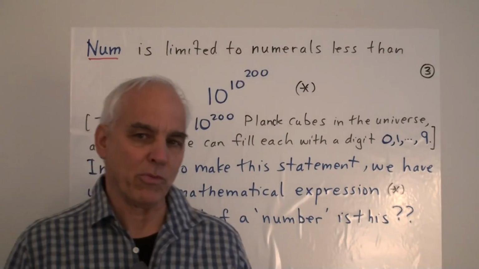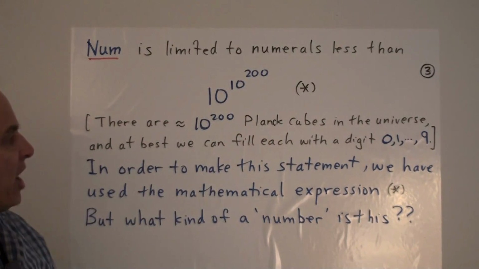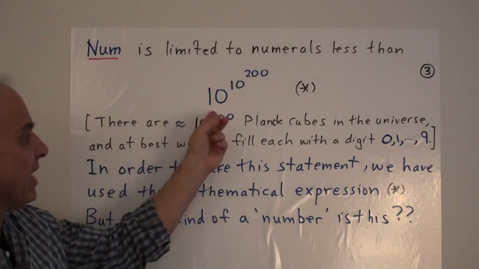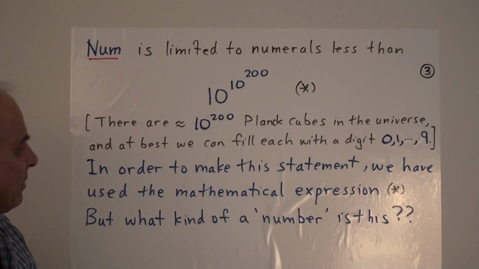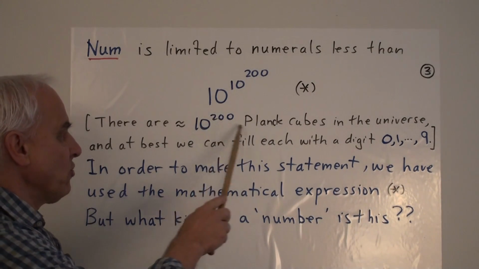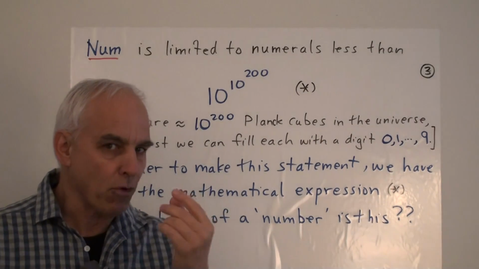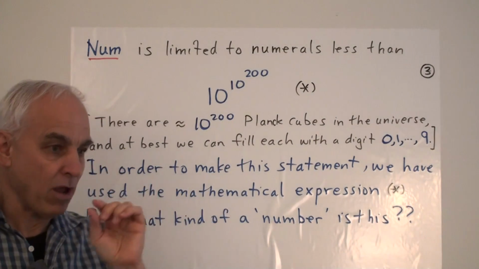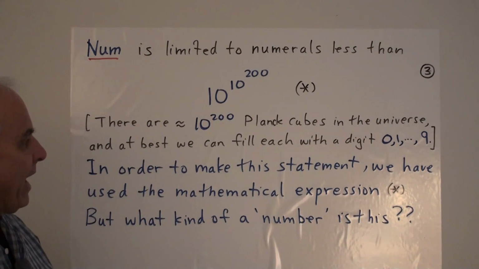And the Hindu-Arabic numerals are also limited, but by something bigger, not 10 to the 200, but rather 10 to the 10 to the 200. And the reason is that we've seen that there are roughly 10 to the 200 Planck cubes in the universe. So these are the most elemental kinds of building blocks that you could possibly imagine in terms of writing something down in.